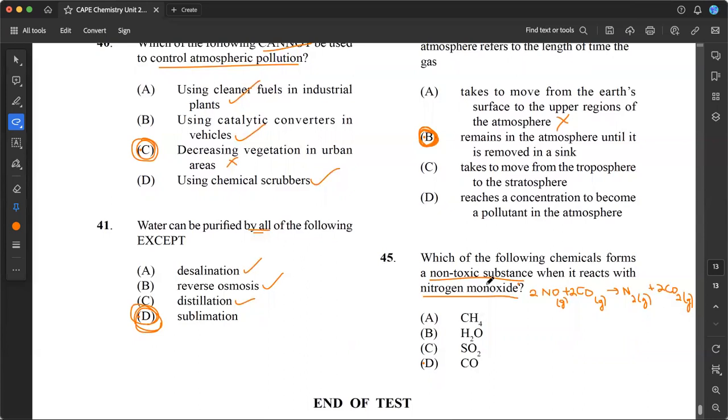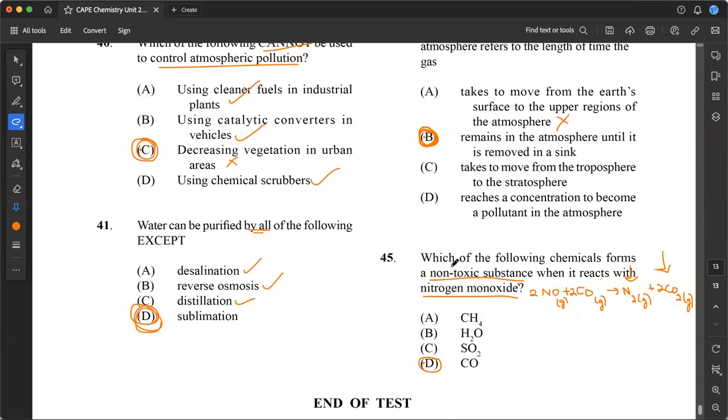Moving on to 45, 45 says, which of the following chemicals forms a non-toxic substance when it reacts with nitrogen monoxide? And that is carbon monoxide. When carbon monoxide reacts with nitrogen monoxide, it's going to form nitrogen, which is not toxic, and carbon dioxide, which is not toxic. This is one of those reactions from the catalytic converter.